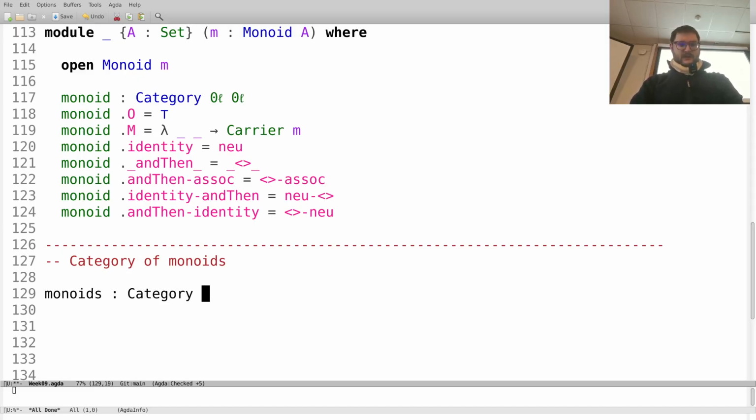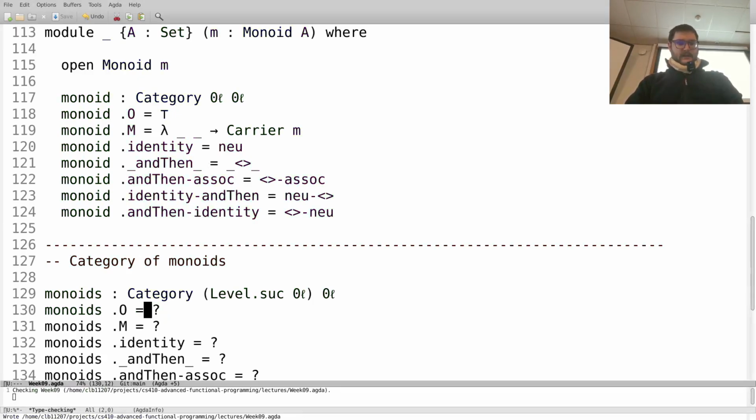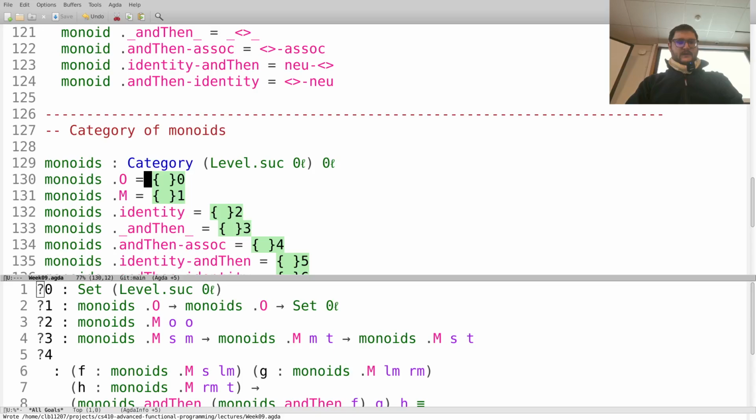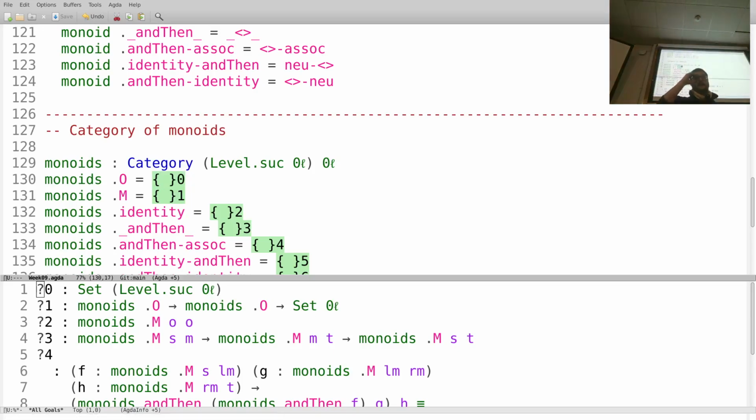So this one is going to be a bit large, I think. And the morphism should still be fine. Yeah, so we said that now it's a category where the objects themselves are entire monoids.